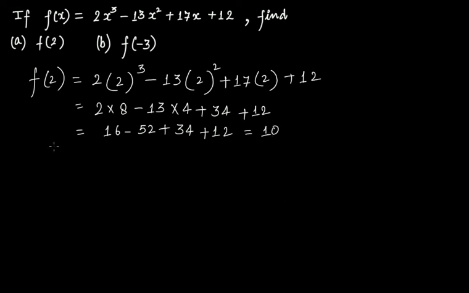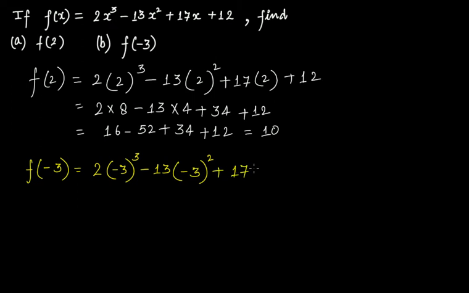Now at the place of x, you have to put minus 3. So f(minus 3) means 2 multiplied by minus 3 whole cubed minus 13 times minus 3 whole squared plus 17 multiplied by minus 3 plus 12.